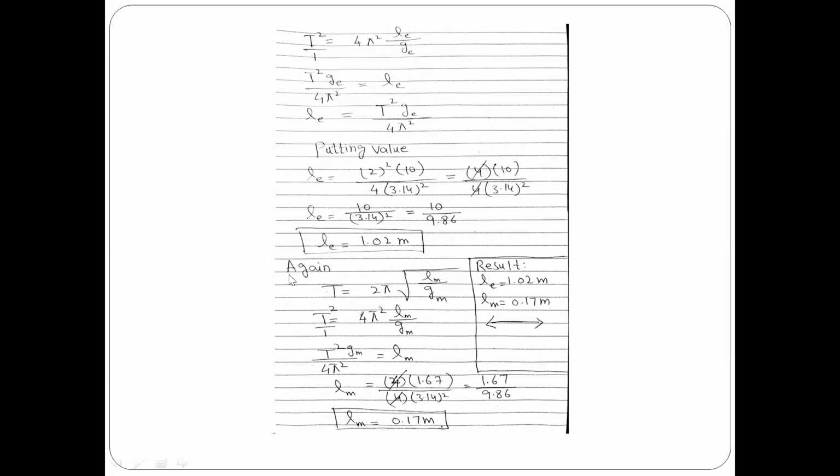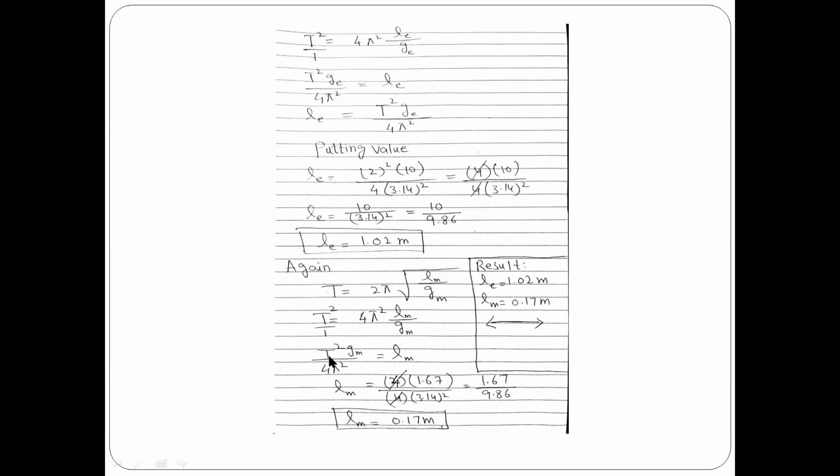Again, since I want to find out length on Moon as well in this numerical, I use the same formula, but this time I replace LM and GM because I want to find the length on Moon and acceleration due to gravity on Moon. So take the square again and separate out LM. Just plug in the values.